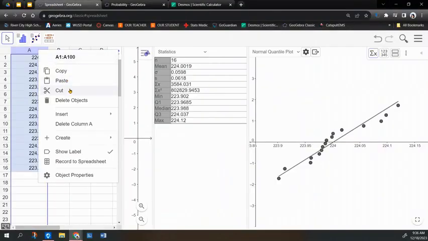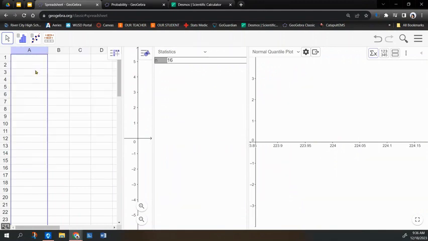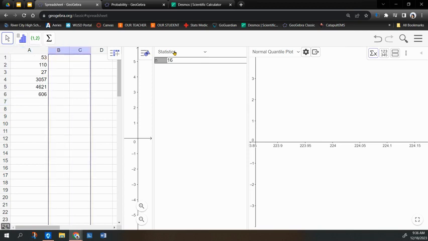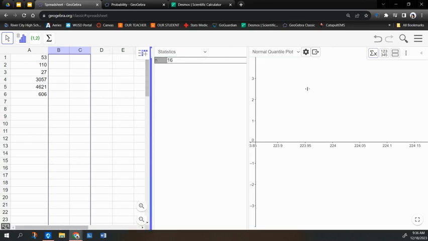So let me clear this out. So what I'm going to do is I'm going to put the observed count. So I'm just going to go row by row. So 53, 110, 27, 3057, 4621, and 606. Okay. And then I'm going to put the expected counts in the next column.